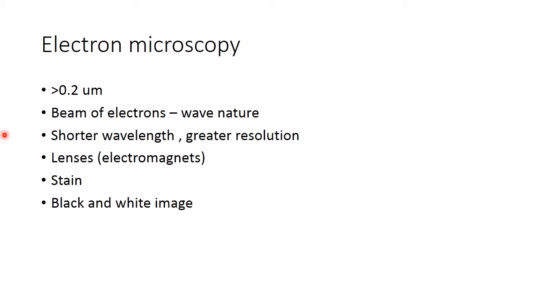The sections of the specimen which are produced for electron microscopy are very thin and hence, of course, the colors are not visible. So in order to produce a contrast, stains are used. In case of microscopic techniques where we use light to produce the image, we use different types of chromogenic or fluorescent substances as stains to produce a contrast.